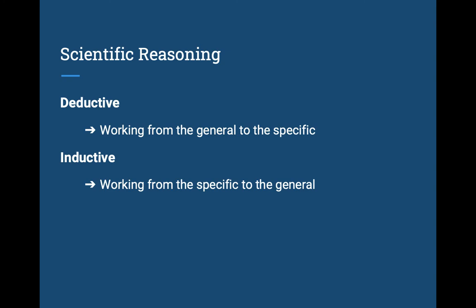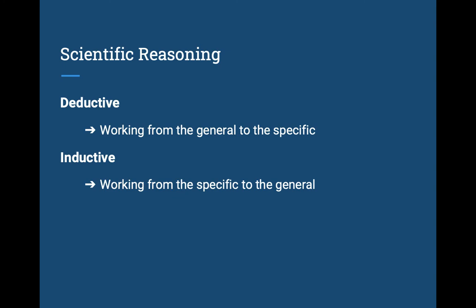Okay, now on your screen, I have these two definitions. I didn't come up with these. These are classic ways to explain the difference between deductive and inductive. So deductive, working from the general to the specific. Okay?